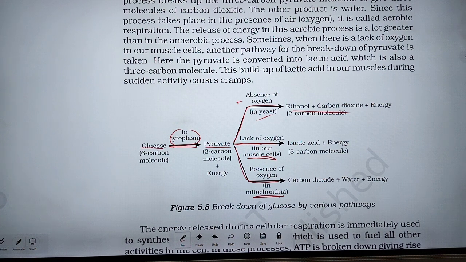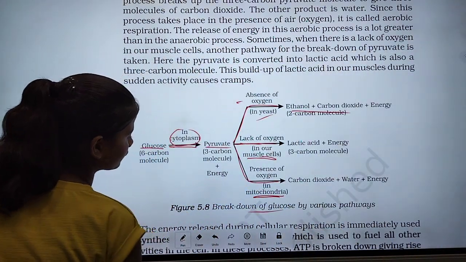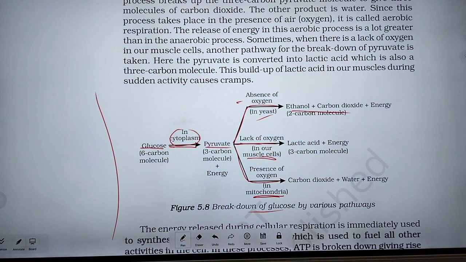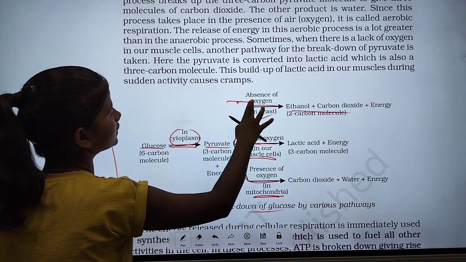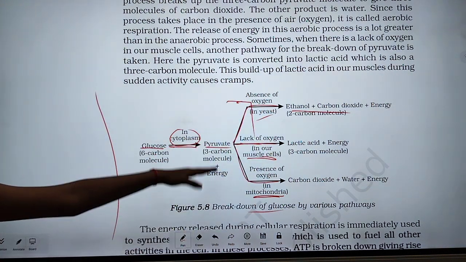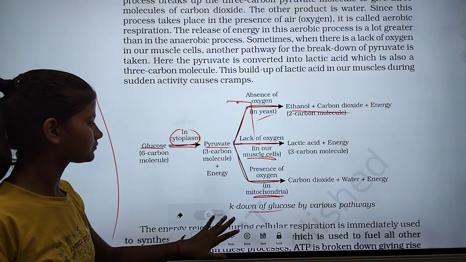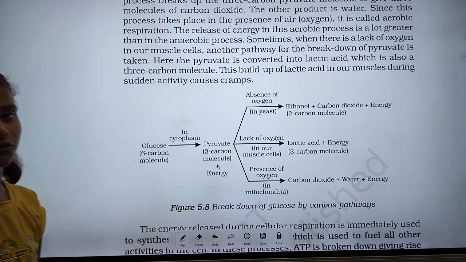And in presence of oxygen, in mitochondria: carbon dioxide plus water plus energy. This is the breakdown of glucose by various pathways.